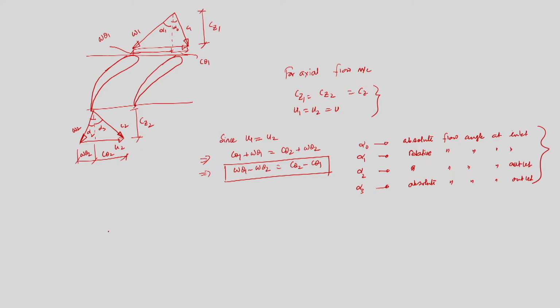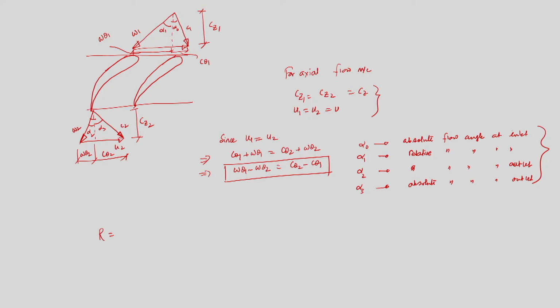As I said, R, the degree of reaction, is defined as the ideal static pressure rise across the rotor to the total pressure rise across the stage. We have now seen what a stage, a rotor and a stator are. Rotor plus stator combined is called a stage, and since the stator is not moving, only the absolute component of velocity is there. So, this is the total degree of reaction.